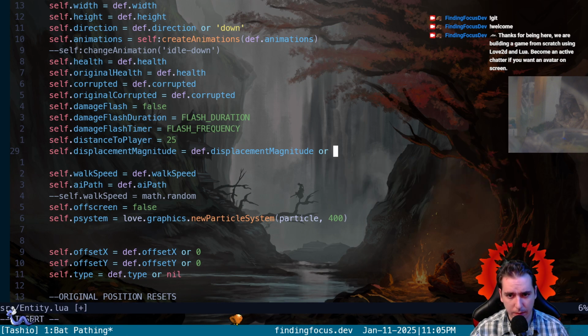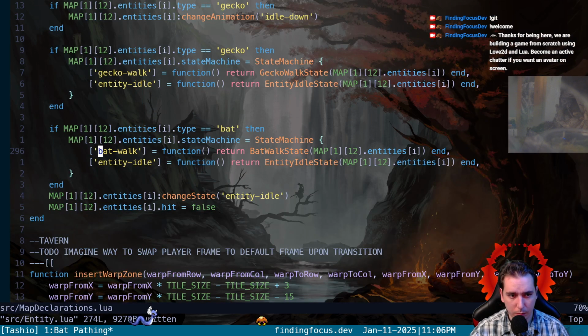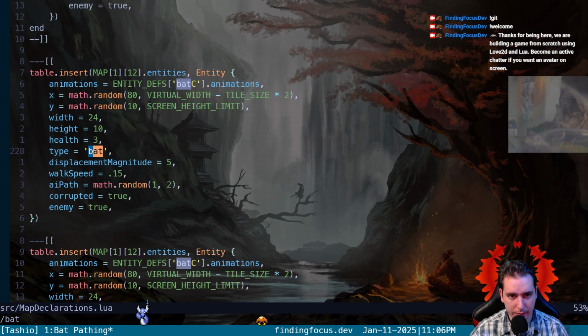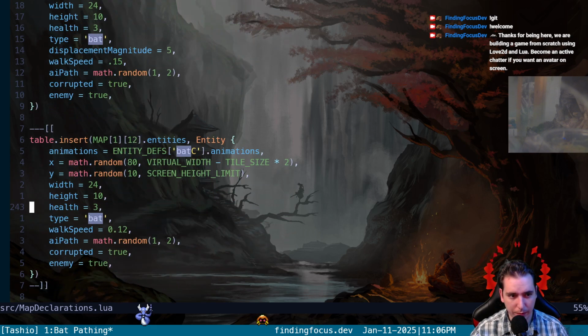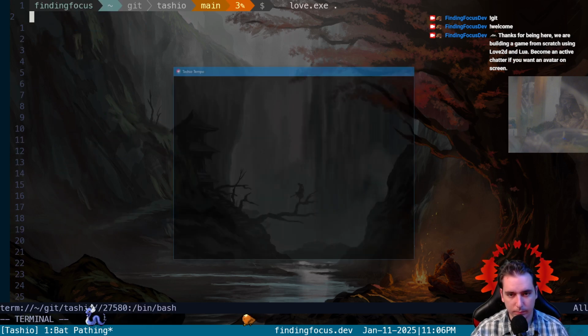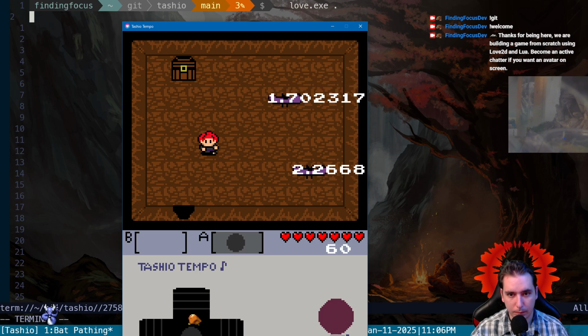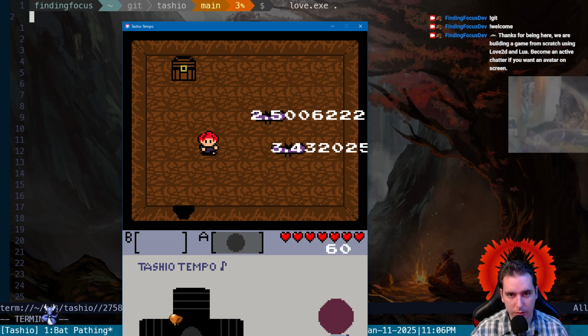So let's just say we have to have a displacement magnitude for a bat entity, so we'll just go to where we're doing our bats and give a displacement magnitude to both bats. Cool. Okay. So that's looking okay.